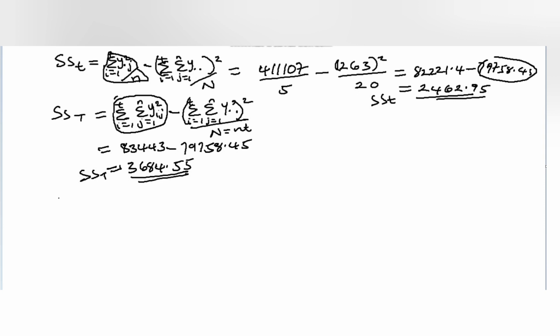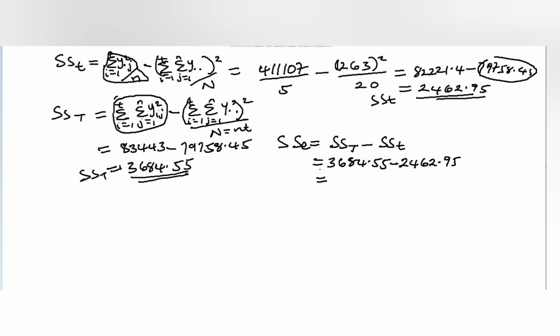Alright, let's look at the next thing, which is our SS error, which is equal to SS total minus SS treatment. We know our SS total to be 3684.55, minus our SS treatment, 2462.95.